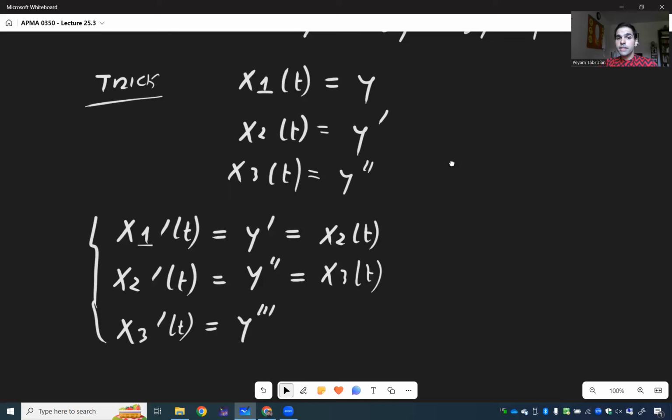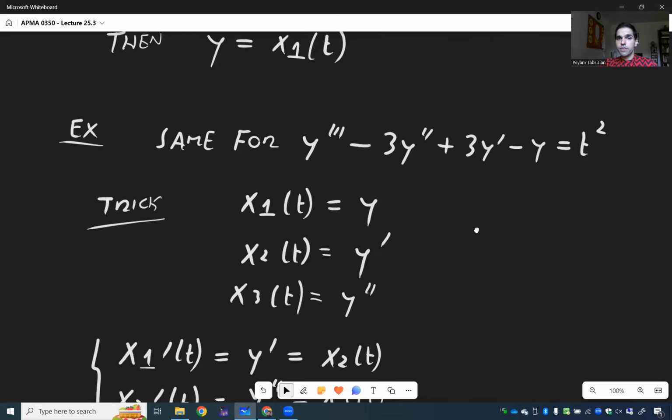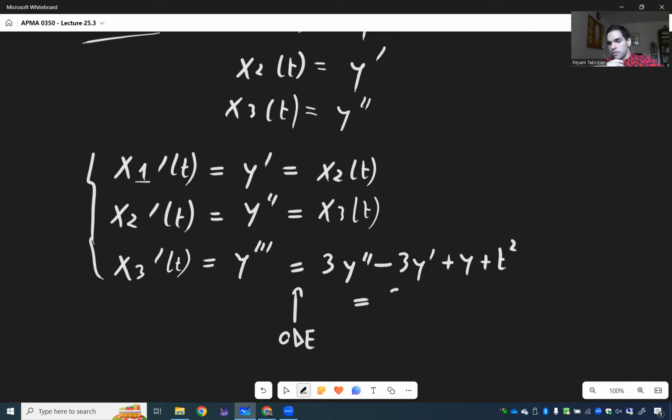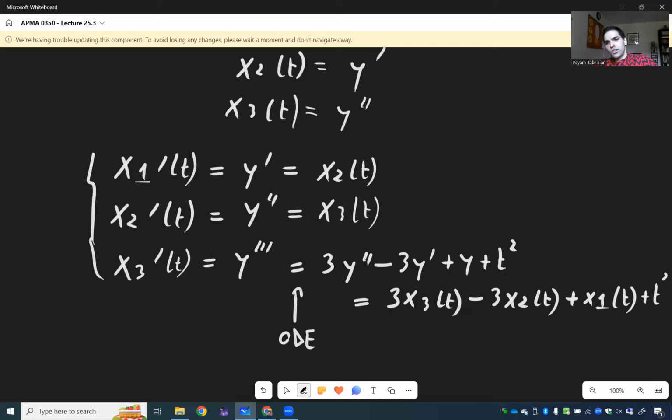But again, now we can just use the ODE, which tells you this becomes 3y double prime minus 3y prime plus y plus t squared, which again becomes 3 x3 of t minus 3 x2 of t plus x1 of t plus t squared.